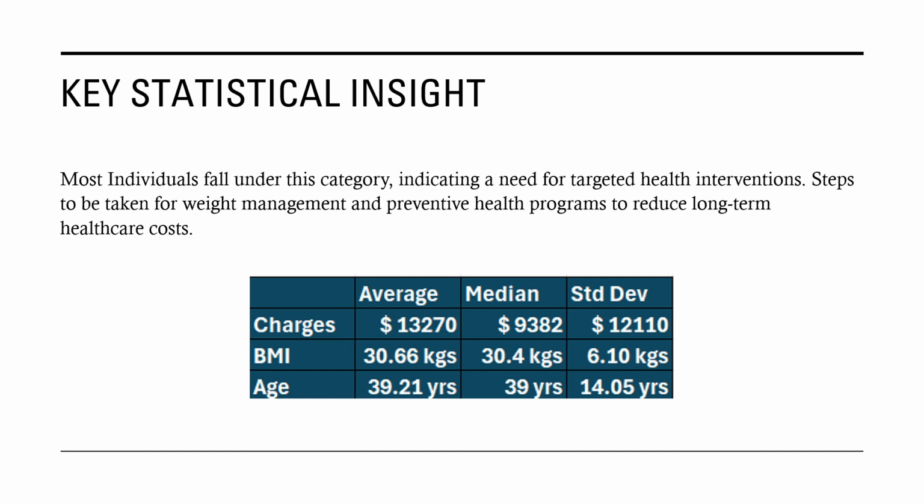We have charges, BMI, and age. Most of the people occur within 39 to 39.4121, and the least is 14 years. Most of this category is within the 30s range, and the charges go up to 39 to 13.2, which is a little alarming at this stage and needs certain measures to be taken.